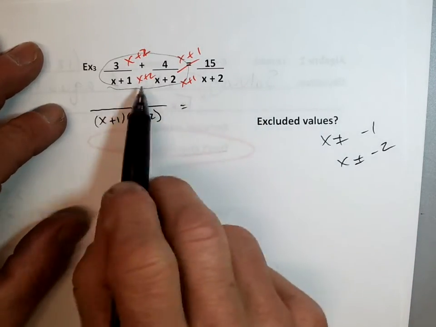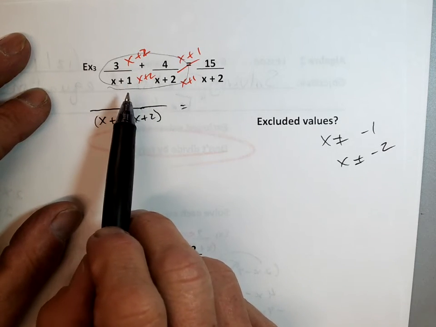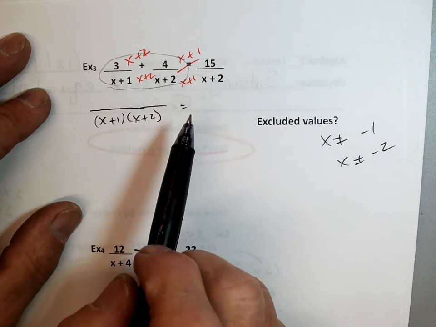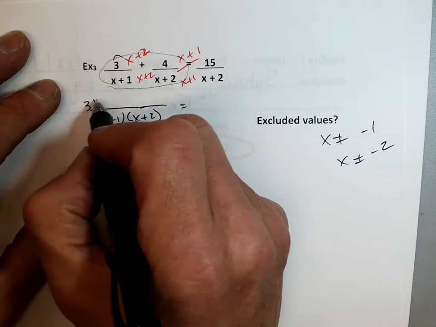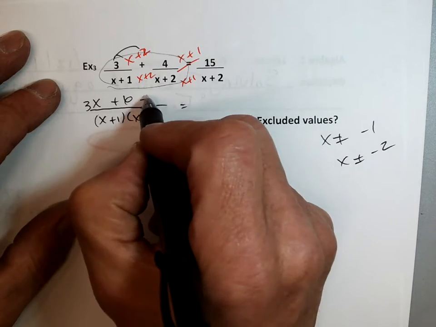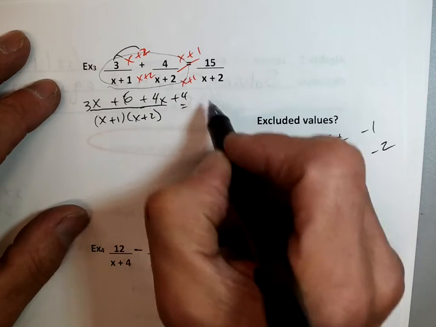Okay, so if I'm going to add fractions, I have to have a common denominator, and the common denominator is x plus 1, x plus 2, okay? Now I'm going to simplify. 3x plus 6 plus a 4x plus 4.